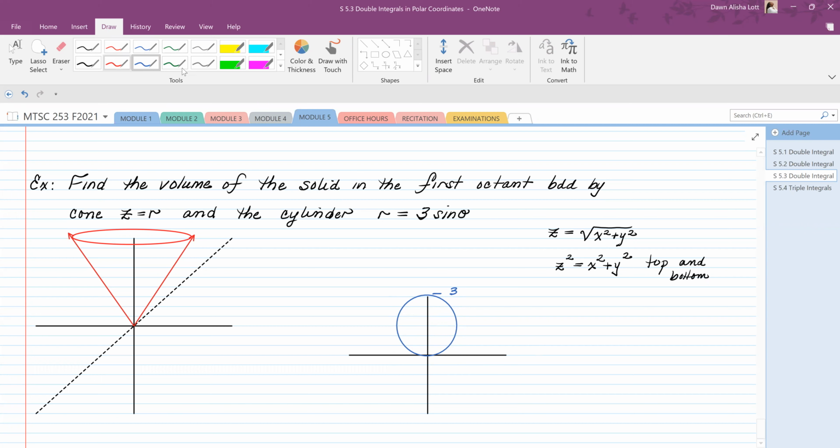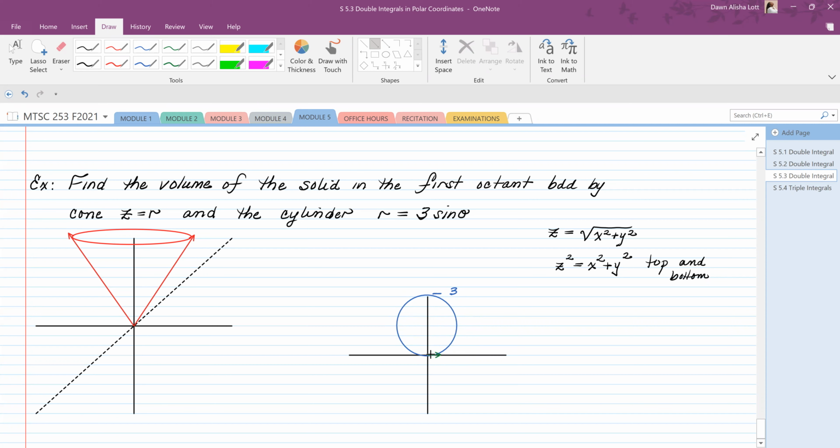And so theta starts off like this, R is 0, and then it goes all the way around. That's where theta equals pi over 2, and then it goes all the way back around to theta equals pi. So that maps out the whole thing. Okay, so that's the whole thing from here all the way around like that.